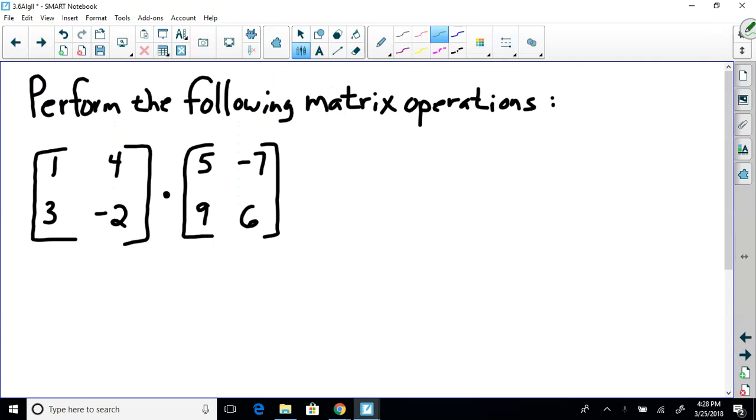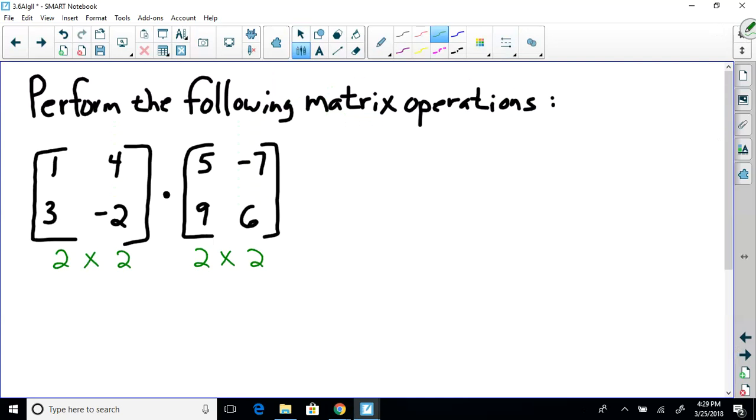To multiply two matrices, I first recommend that you write down the dimensions of each matrix. Obviously, in this case, we have a 2 by 2 matrix times a 2 by 2 matrix.